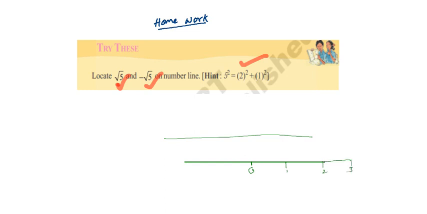After that, 2 square means you take 2 units on the number line. That means O and this is A. A is at 2.